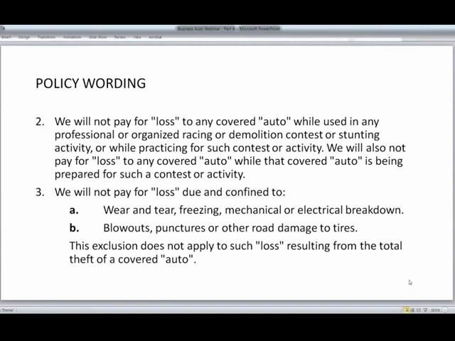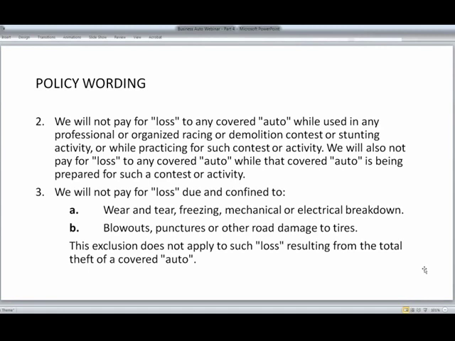The next exclusion has to do with the cause of loss. We will not pay for loss due and confined to wear and tear, freezing, mechanical or electrical breakdown, or blowout or puncture of any road damage to tires. This exclusion does not apply to such loss resulting from the total theft of a covered auto, just for the wear and tear and the blowout of tires. Those are the cause of loss exclusions.